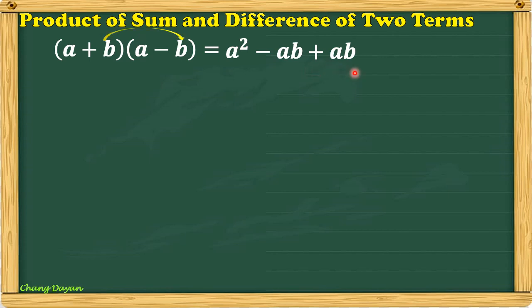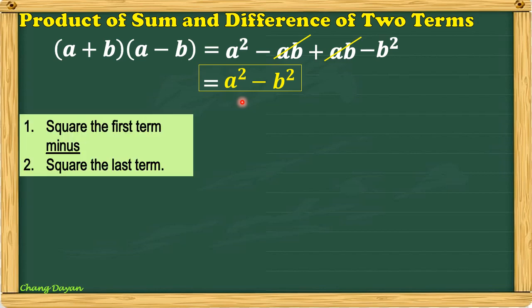B times negative b, that is negative b squared. Simplifying this, we'll have a squared. Negative ab plus ab cancel out because that is equal to 0. Minus b squared. And we'll have a shortcut for this. So you will just square the first term minus square the last term.